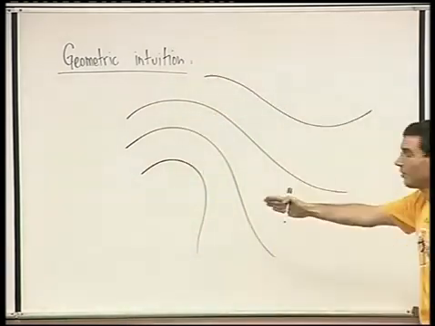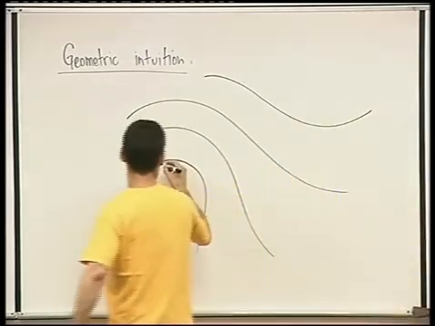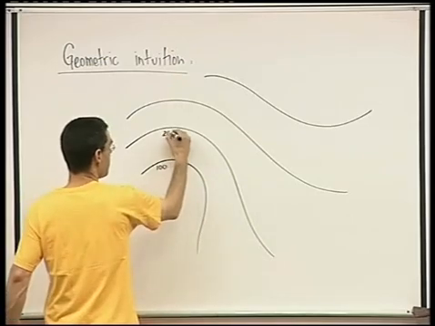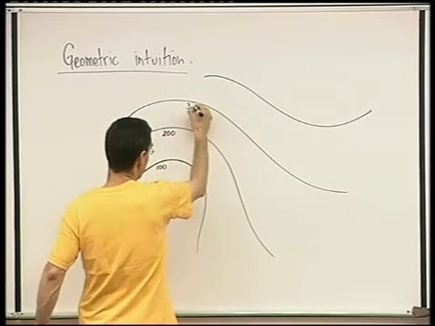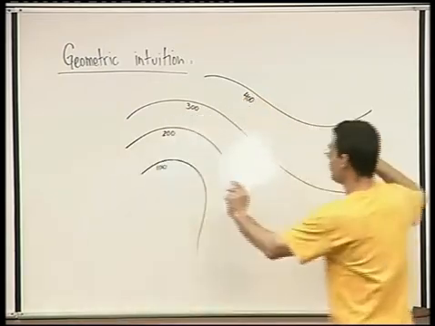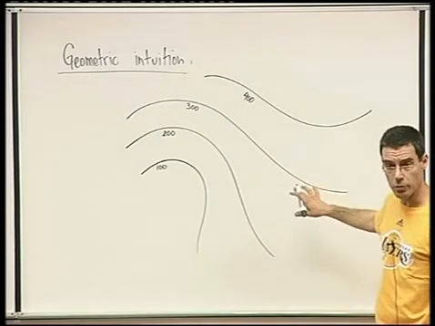These are the level curves. Let's say here the height is 100 meters, and here the height is 200 meters, and here it's 300 meters, and here it's 400 meters. It's a bird's eye view, and these are the level curves. Is it clear what I'm drawing?